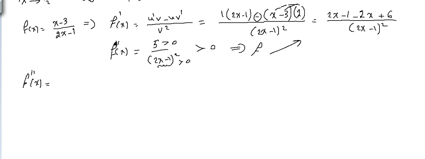What is F double prime of X? It's the derivative of the derivative. It's the derivative of 5 over 2x minus 1 squared.